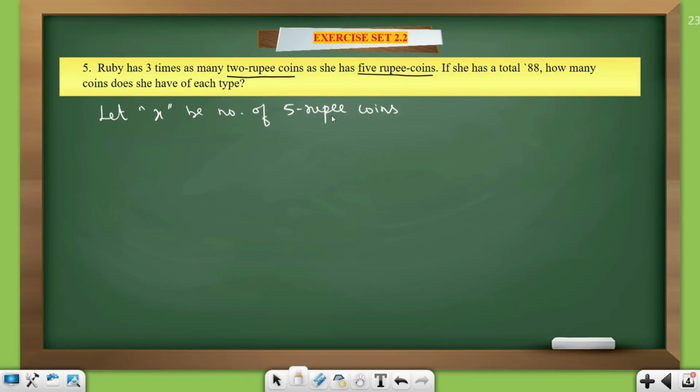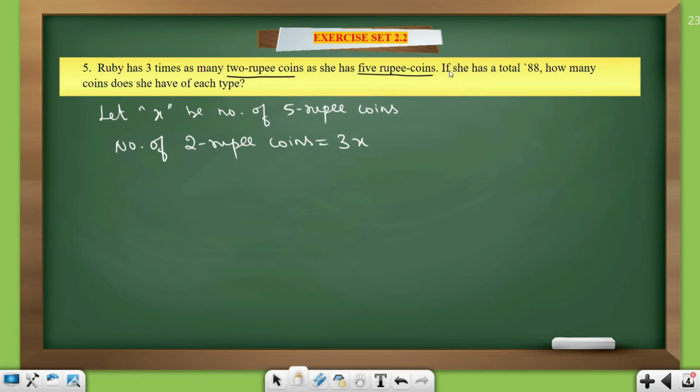So the number of 5 rupee coins is x. So it is clear that the number of 2 rupee coins must be 3 times x. So this is what is given in the question. So the number of 2 rupee coins is equal to 3 times x.